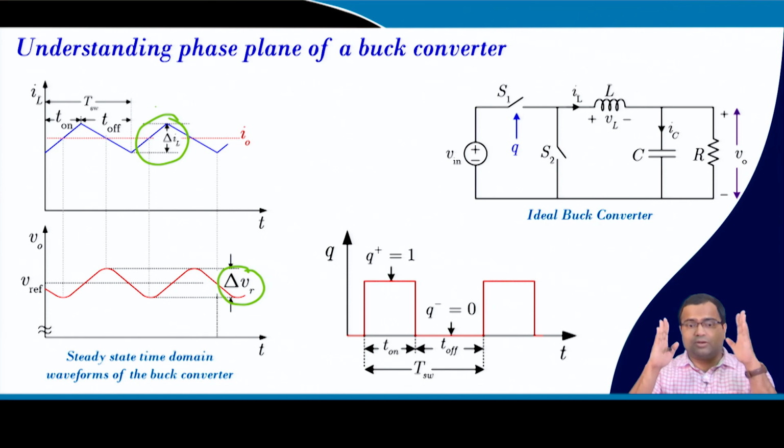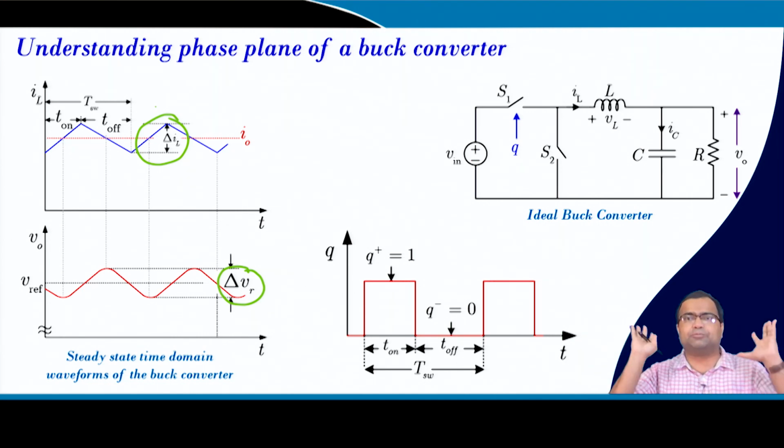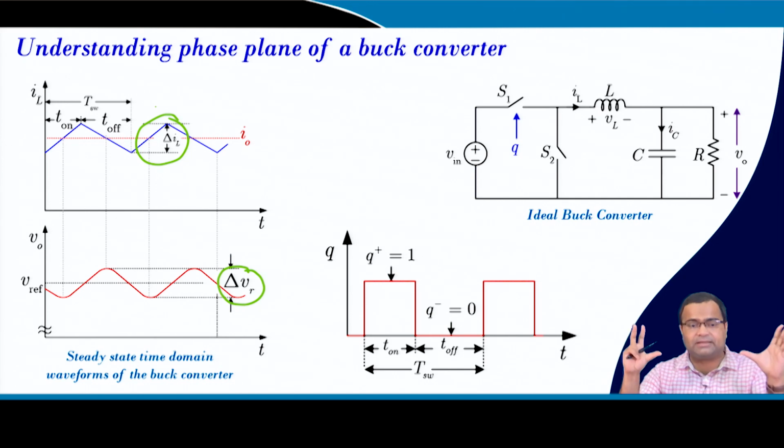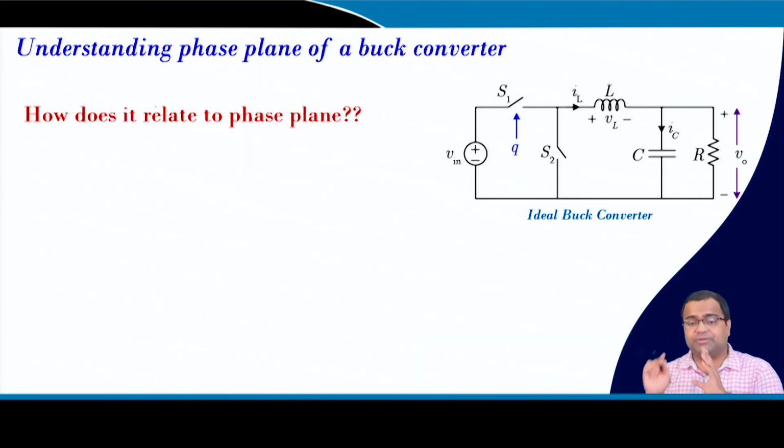That is our steady state requirement, which is important to ensure that my EMI or power spectrum is set at certain discrete frequencies, so that I can design the input filter properly. Similarly, the ripple should be within the specified limit, because that will decide the power stage design, the capacitor design, inductor design, and so on. So, this is a time domain behavior.